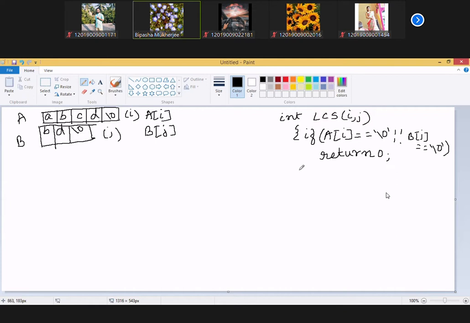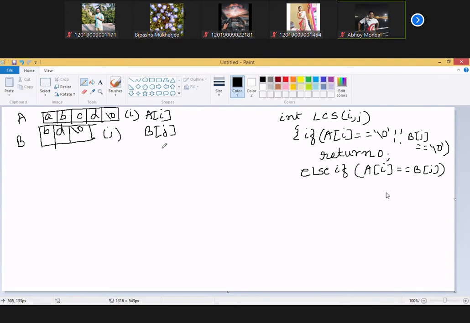Okay. Next, if not, most of the time at the beginning that will not happen. Else, if you find a of i equals b of j, meaning at any point that is matching, then what will you do?